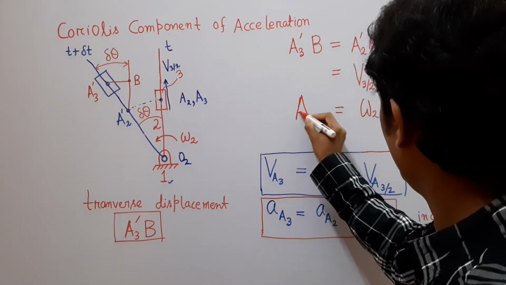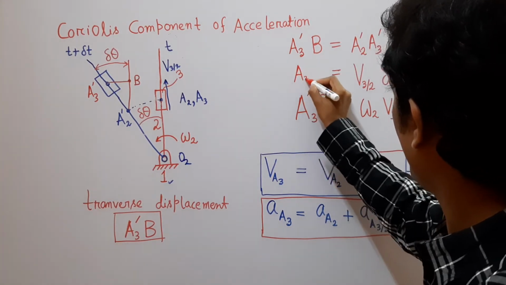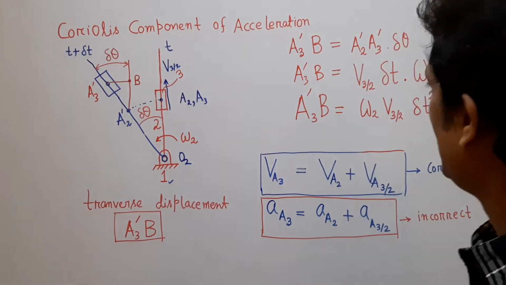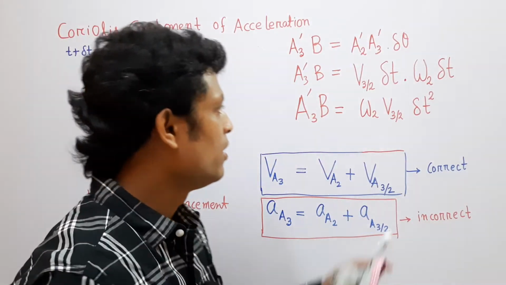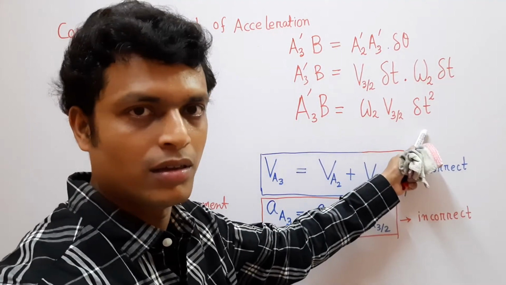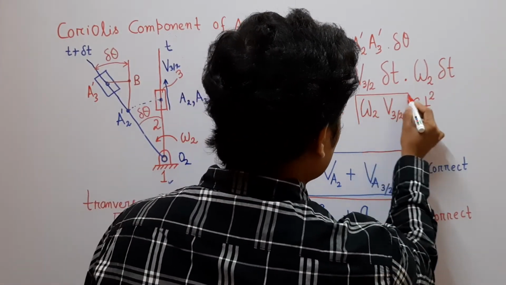Now this is a displacement A3 prime B, which is proportional to time square.